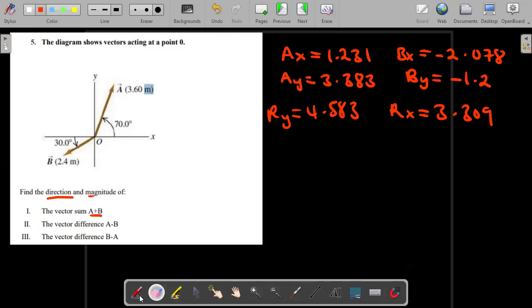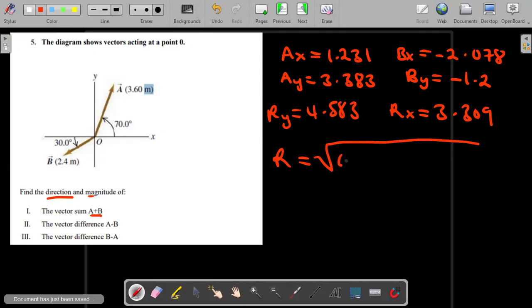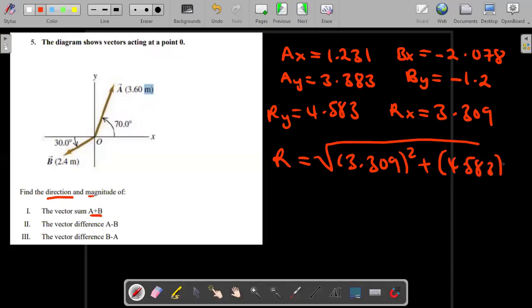So my resultant R is going to be equal to the square root of the sum of the squares of these components: 3.309 squared plus 4.583 squared.